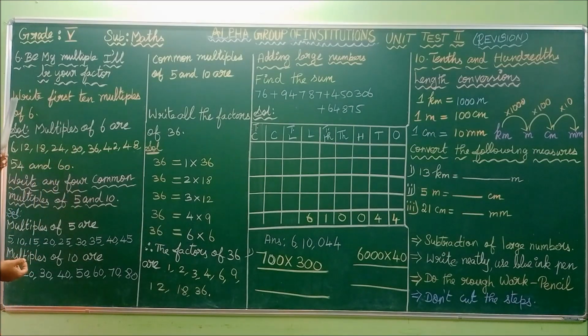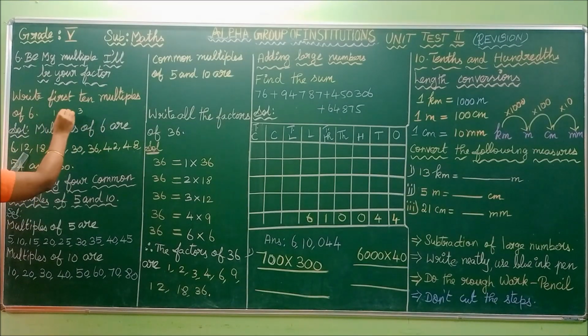For example, write the first 10 multiples of 6. How can you write the first 10 multiples of 6? You have to multiply 6 by 1 first. So 1 into 6, 6. Next you have to multiply 6 by 2. So 2 6s are 12. Similarly you have to multiply 6 by the next natural numbers. What are the natural numbers? 1, 2, 3, 4 etc. are called natural numbers.